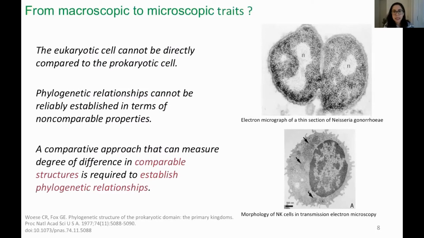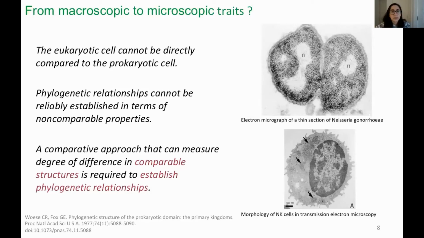And in this classical paper that was written by Carl Woese and George Fox, they discuss this. And they say that the eukaryotic cell cannot be directly compared to the prokaryotic cell. And they are referring to the cells as a whole.